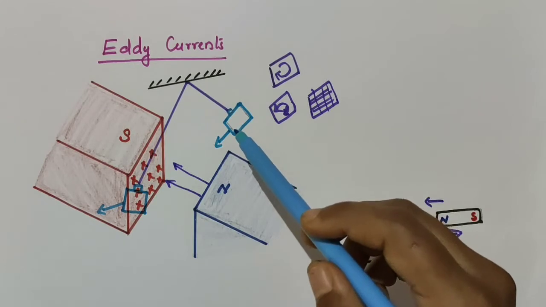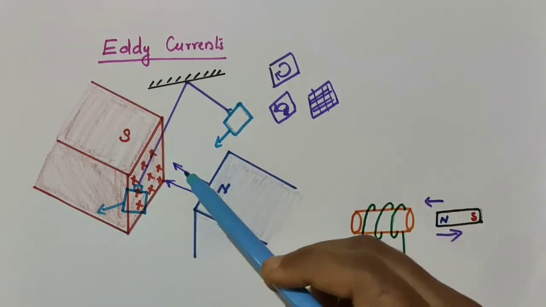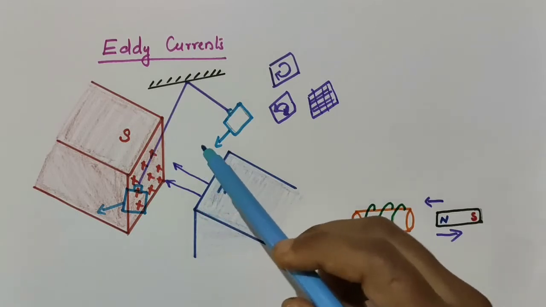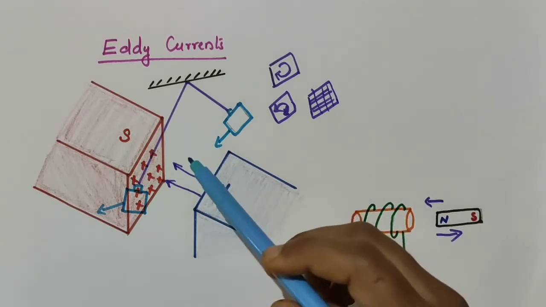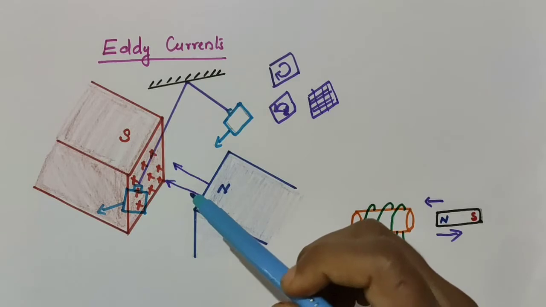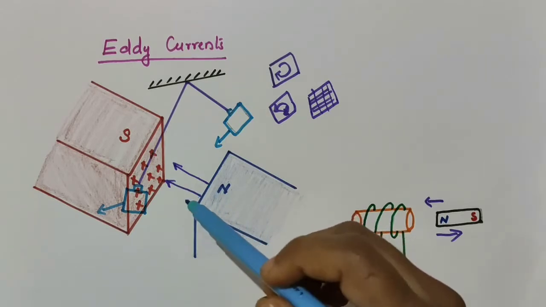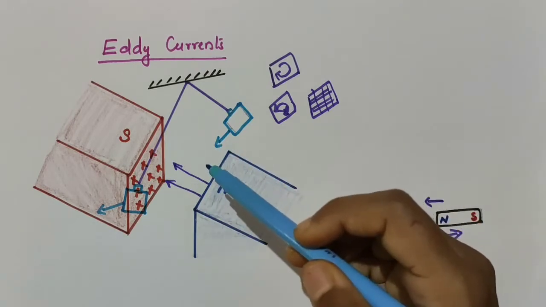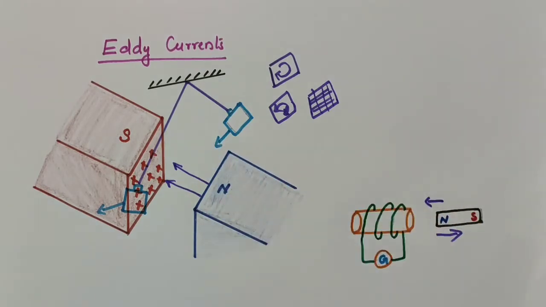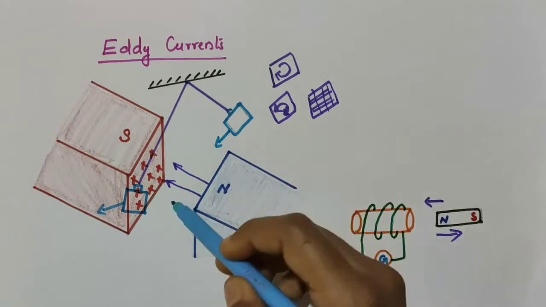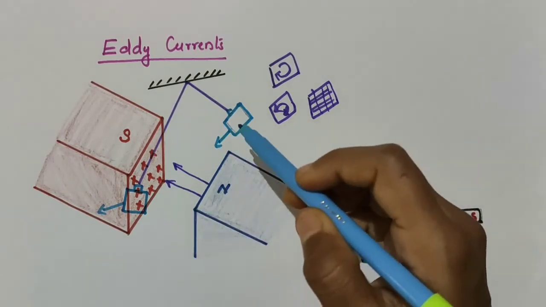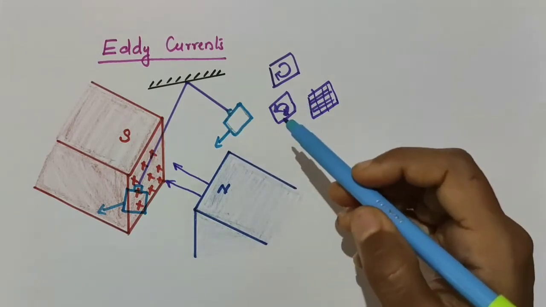when this copper plate comes inside, the flux linked with the copper plate increases. So the electrons in the copper plate start circulating in such a way that the current produced is in the anti-clockwise direction. When this copper plate comes into this magnetic field region, the flux associated with this plate increases.